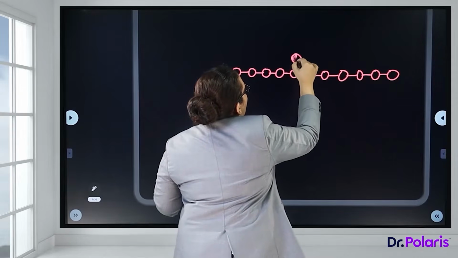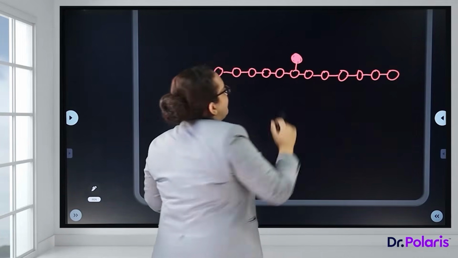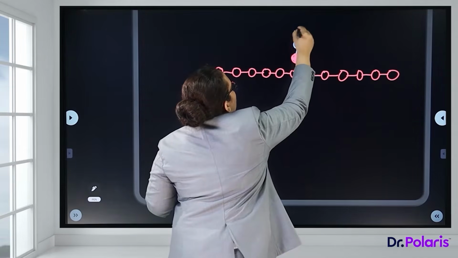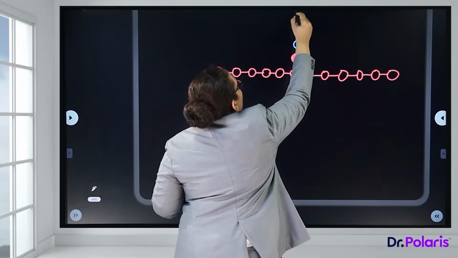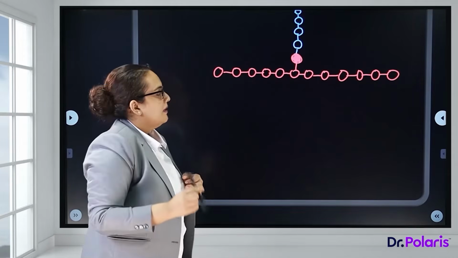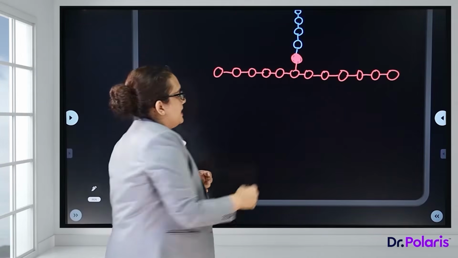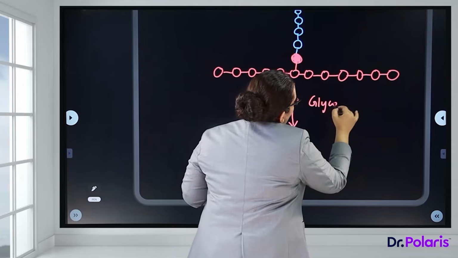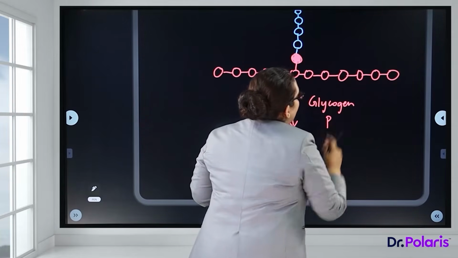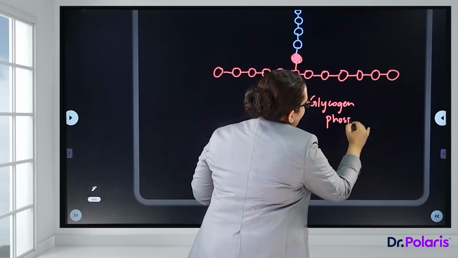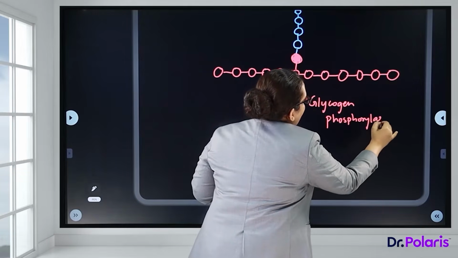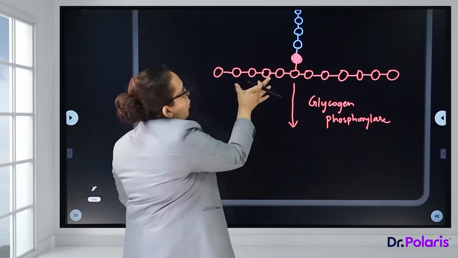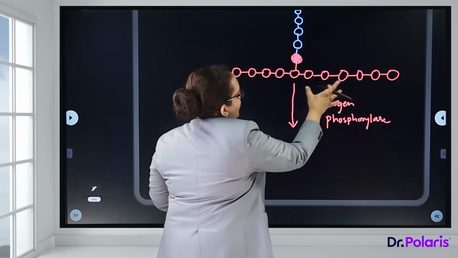To demarcate the branch point, I'm going to draw some blue circles here. This is nothing but glucose units. Now the first step is glycogen phosphorylase enzyme acts on this. Glycogen phosphorylase removes the additional glucose sequentially from either end of the branching point, so that there are only 4 glucose units on all sides of the branching point.